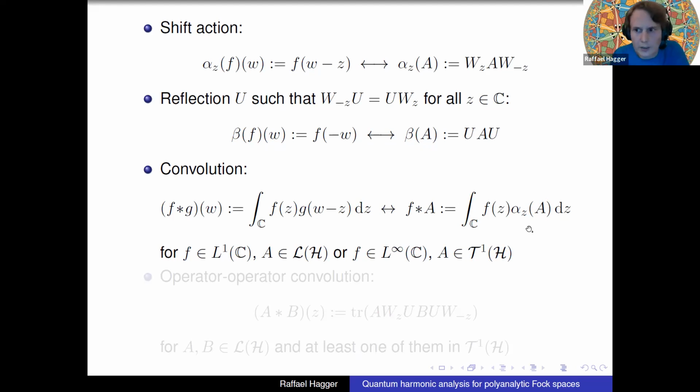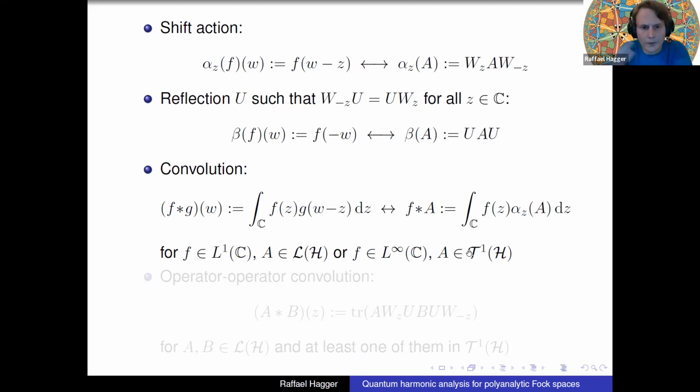Of course, you have to think a little bit about when this actually converges, as well on this side. So for regular convolutions, you can choose one function to be, for example, L1 and the other one L infinity, and then you will end up in L infinity and so on. And you have this Young inequality, and we'll get back to that. So on the operator side, you have to do essentially the same thing. You have to take either an L1 function and a bounded linear operator, then this is well defined, or you take a bounded function and then you have to take a trace class operator.